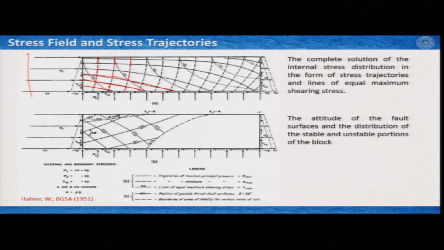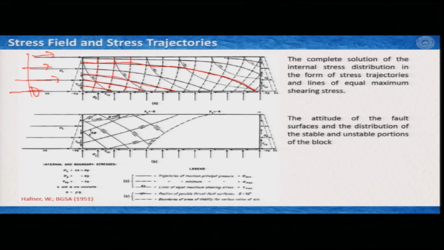The boundary conditions for this theoretical model was that he applied a significant amount of horizontal stress here, and here he applied also a horizontal stress, but this is much less. And what we see, that because we have large magnitude horizontal stress in this side, it is slowly declining towards the low magnitude of the horizontal stress, and this decline is mostly happening due to gravity.